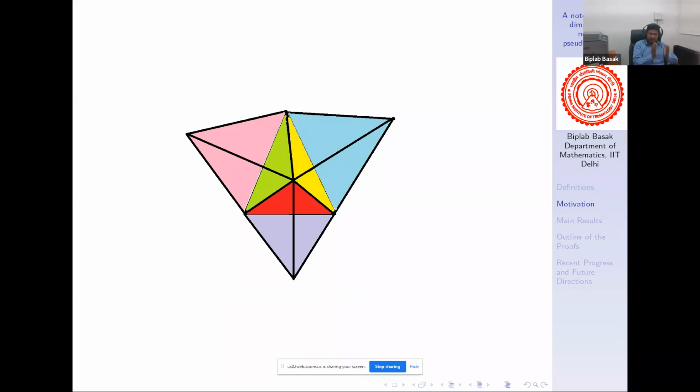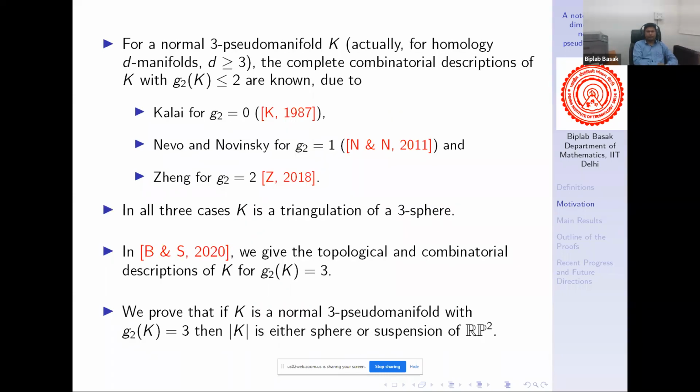That triangulation of a two sphere is called a stacked two sphere. And similarly, you can define a stacked D sphere.